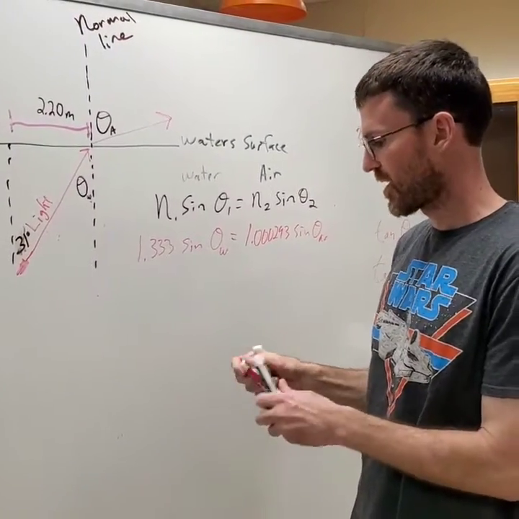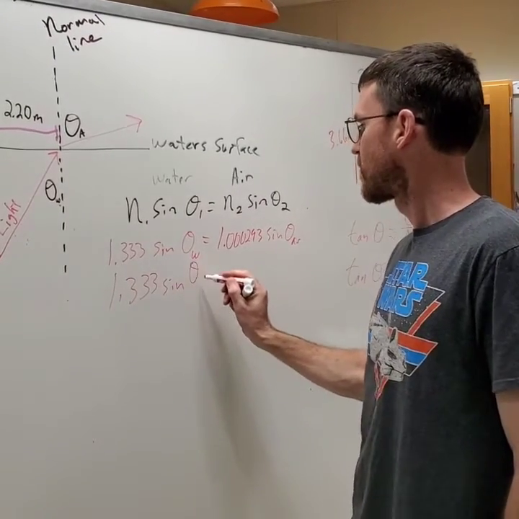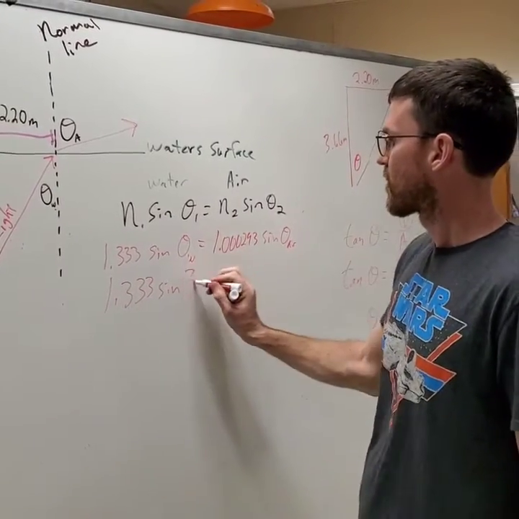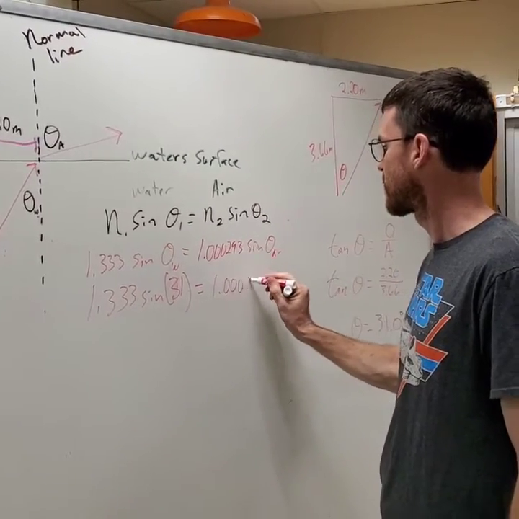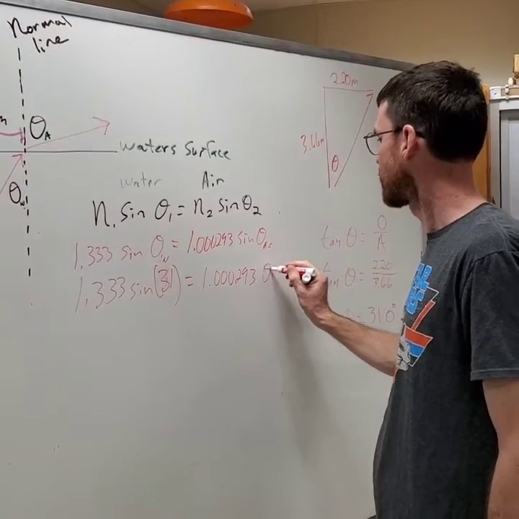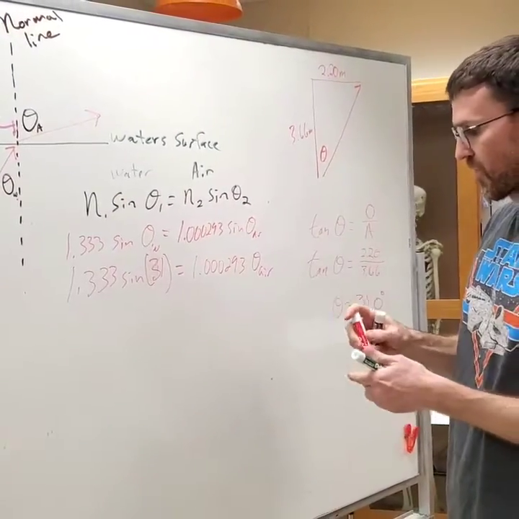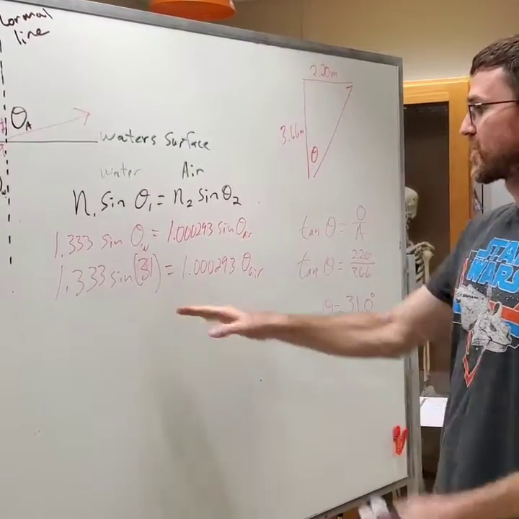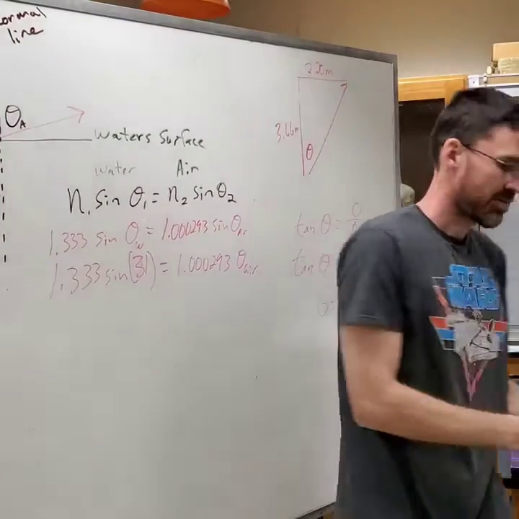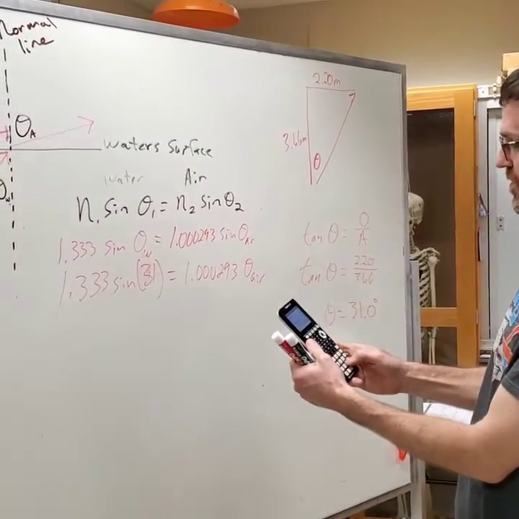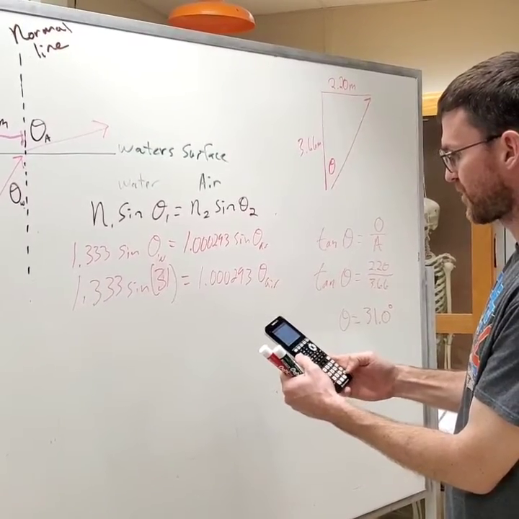So now we can fill in again, and we can solve. With 31, we take this and divide this over here, times sine 31.